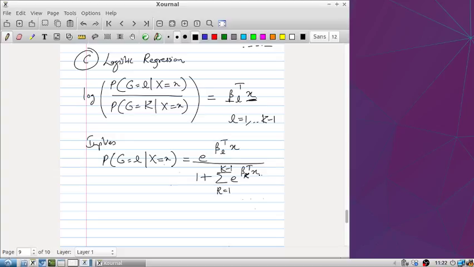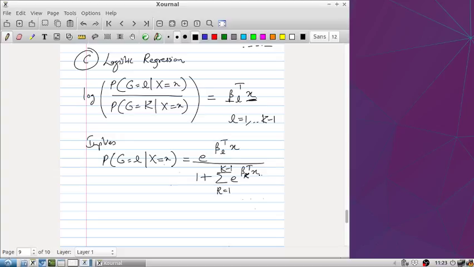Okay. You can just take the exponent on both sides, and then you'll have a ratio. So you get e to the power beta_L transpose x, and you have to figure out what the denominator is. This turns out to be 1 plus this thing. Why is that? Because the conditional probabilities need to sum to 1. For a given x, the sum over all L should be equal to 1, and that's why you get a ratio like this.